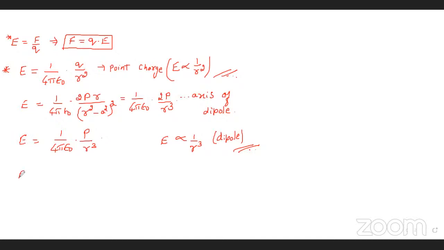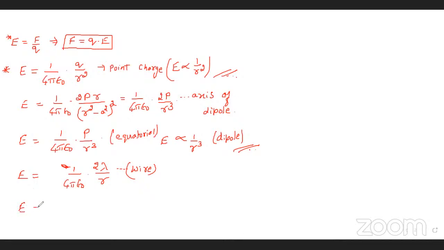Now, what is the electric field intensity for the linear charged wire? For linear charged wire, it is given by 1 by 4 pi epsilon naught into 2 lambda divided by r. This is the electric intensity on equatorial line.